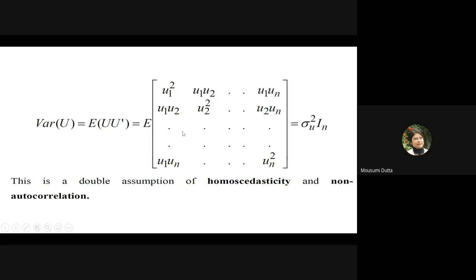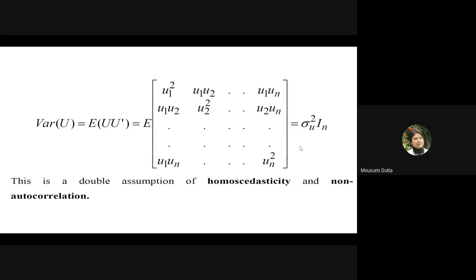First I have to take expectation. There I am making the double assumption of homoscedasticity and non-autocorrelation. This double assumption generates a matrix where we have sigma u square in the diagonal and all off-diagonal terms are equal to 0. In the next step, if I take sigma u square common, I will get an identity matrix with sigma u square.